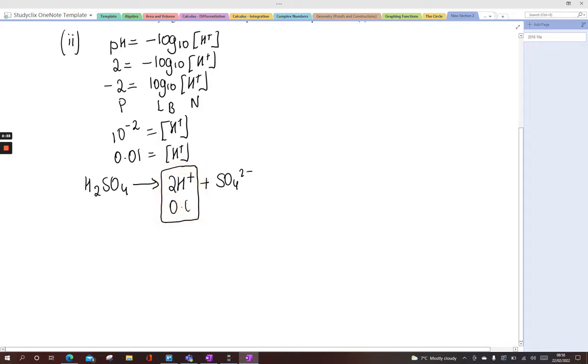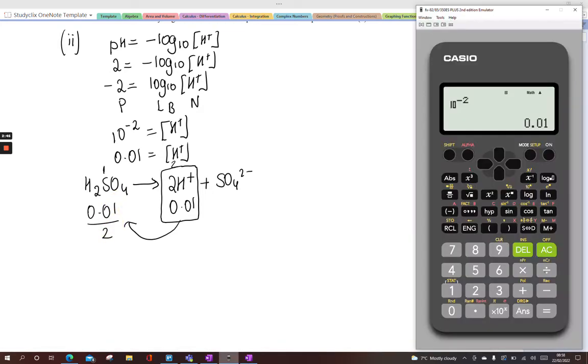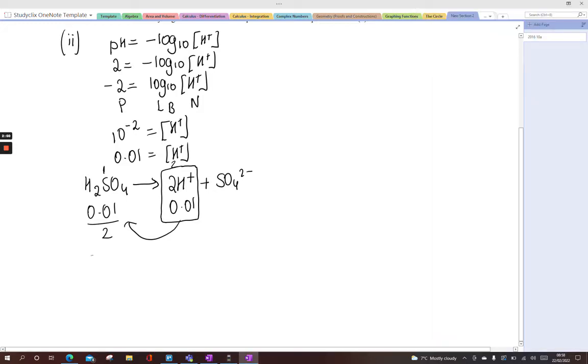So that is 0.01. We want to work out the molarity of H2SO4, and if you look at the ratio, it's 1 is to 2. So divide that by 2, and we get 0.005, or 5 by 10 to the minus 3. Whatever answer you want is the molarity there of your sulfuric acid.